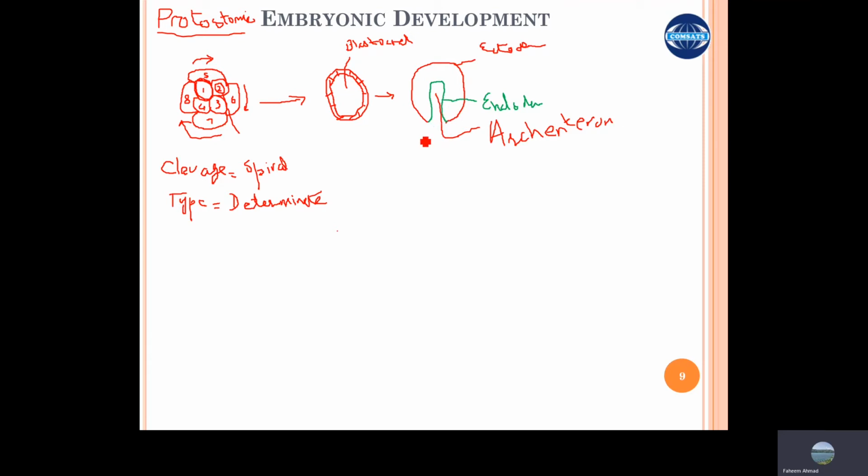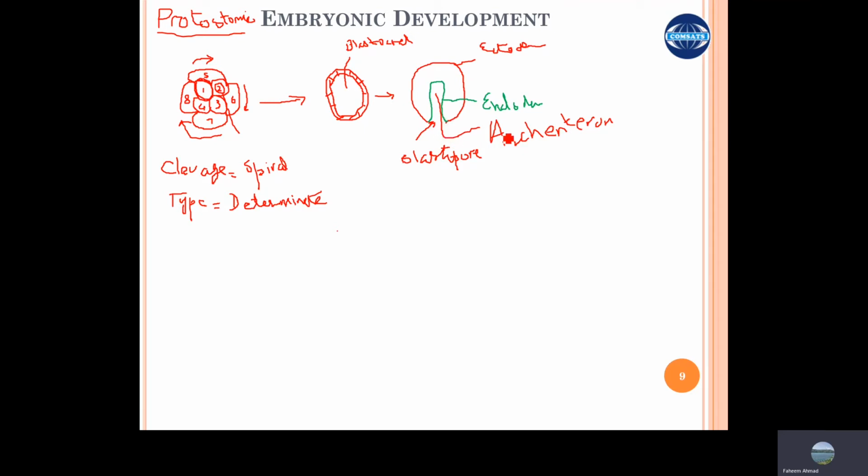This cavity is called the archenteron, and this opening is called the blastopore. At this stage the animal is diploblastic. It has two layers, the ectoderm and the endoderm. It has a cavity in between that will further along the development become the alimentary cavity, and this blastopore will become the mouth of the animal.